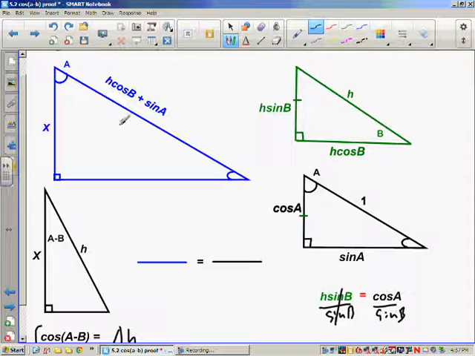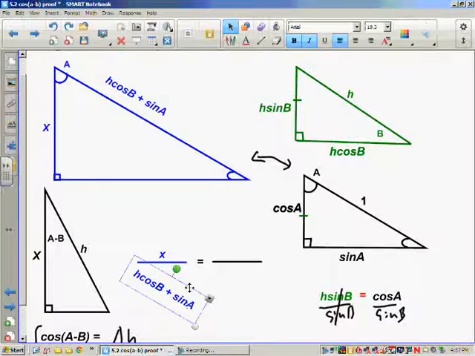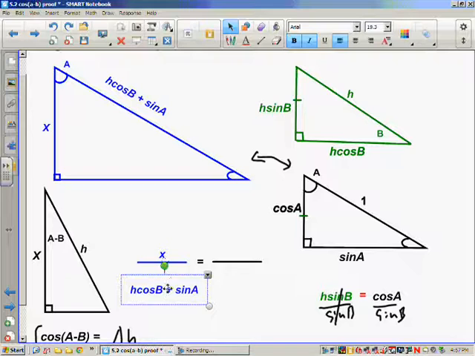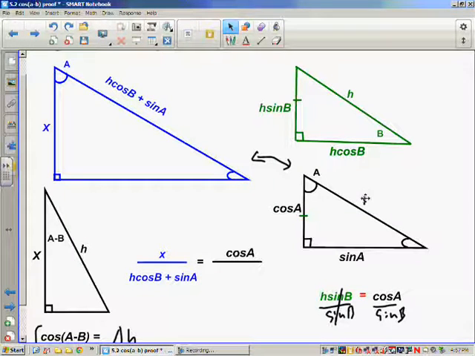Final thing I want to talk about is these two similar triangles, as was discussed earlier. I'm going to use the property that the altitude over the hypotenuse of two similar triangles will be proportional. So I'm going to get x over h cos B plus sine A has to equal cos A over 1 in this case.